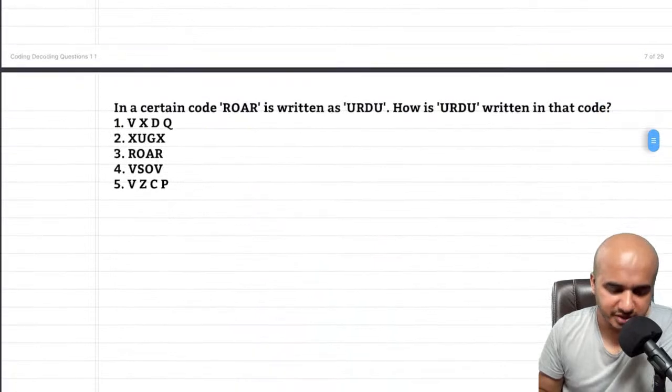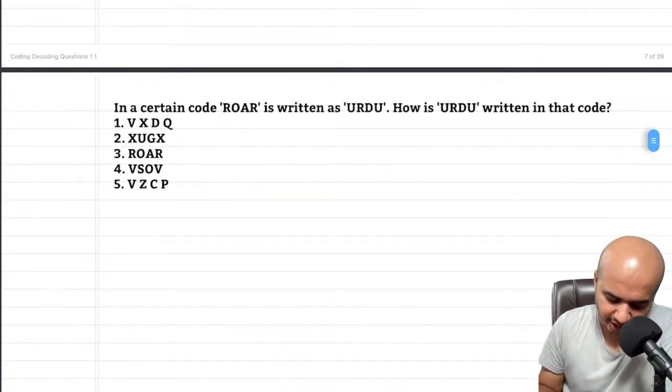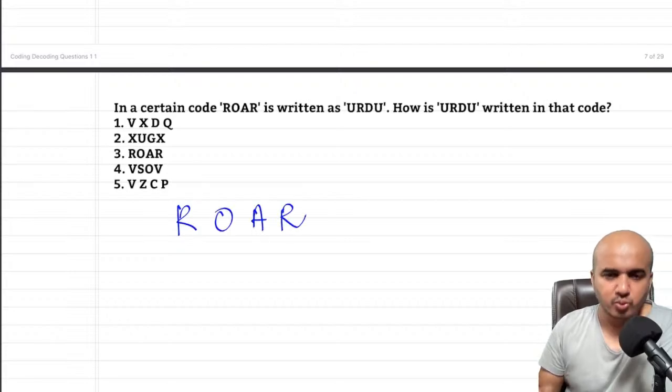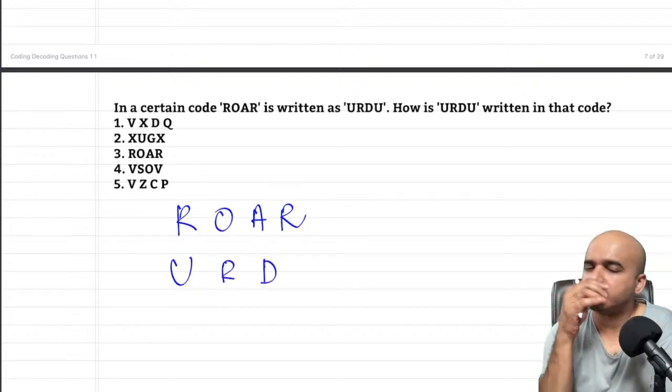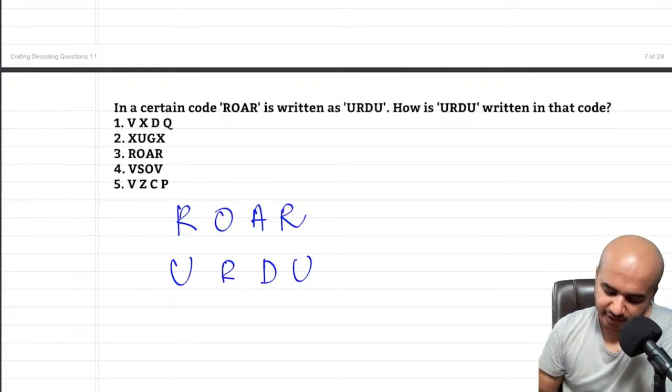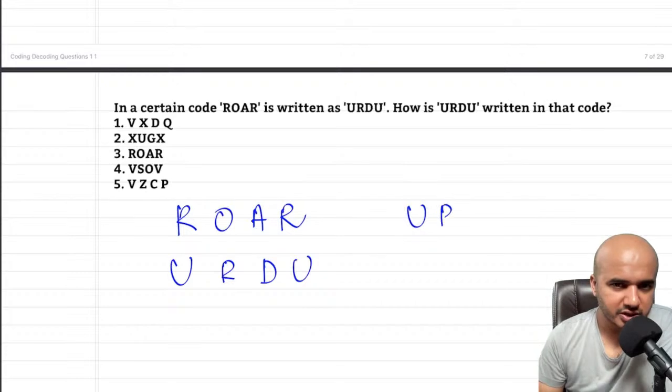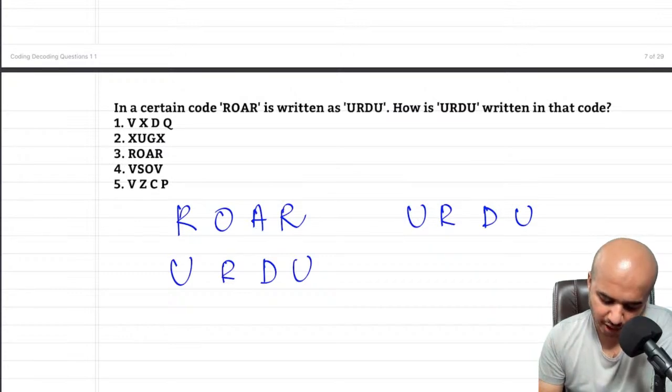In a certain code, ROAR is written as URDU. If that is the case, how will URDU be written? PQR, STU, LMNO, PQR, ABCD.